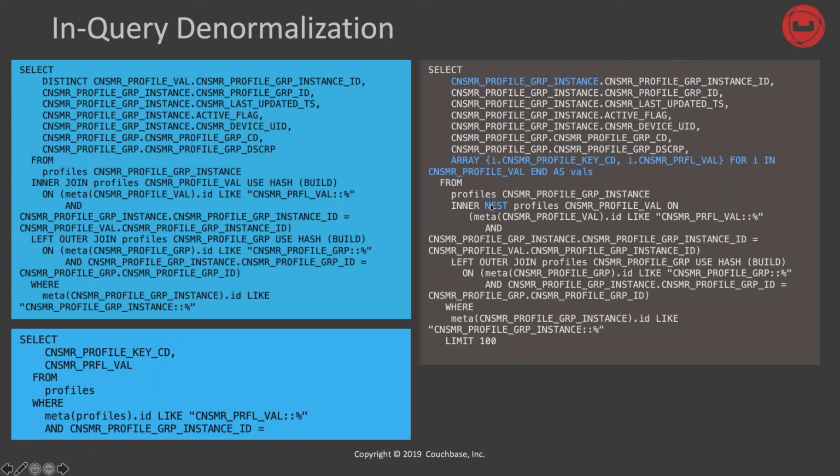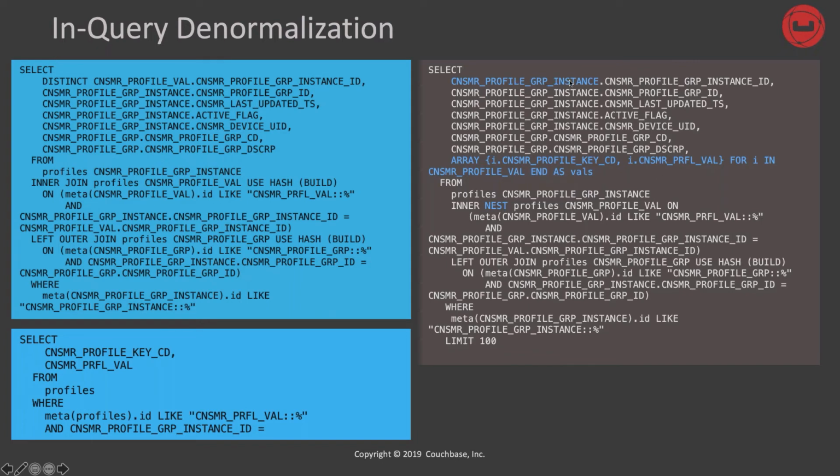I changed that first join into a nest, and that's a special join in Couchbase that's going to take those and nest those together in the namespace. And then I'm going to add this array projection here that's going to look for that profile key code and that profile val, and it's going to put them into a JSON structure for each item in consumer profile val.